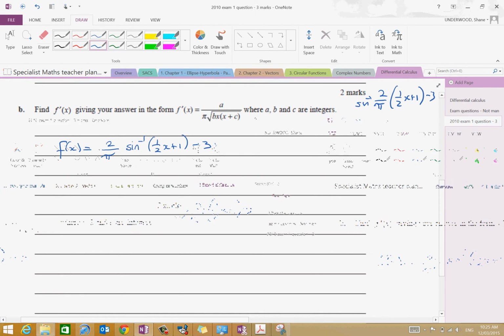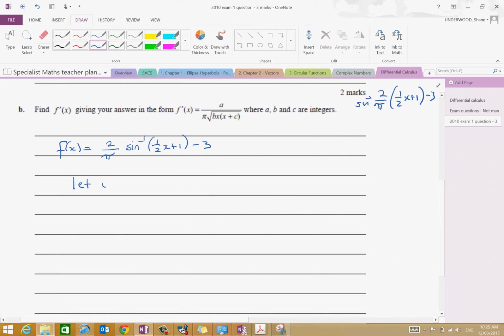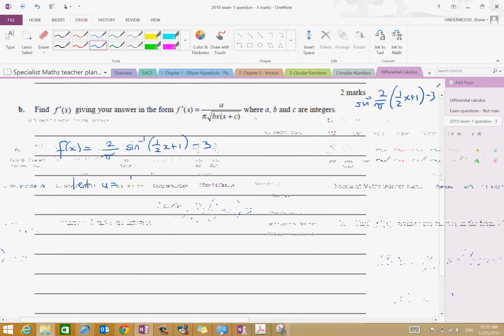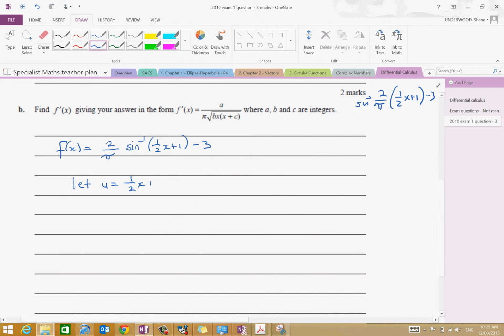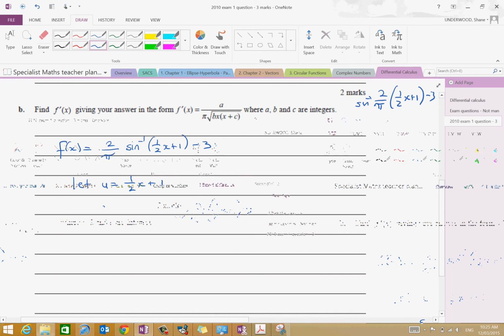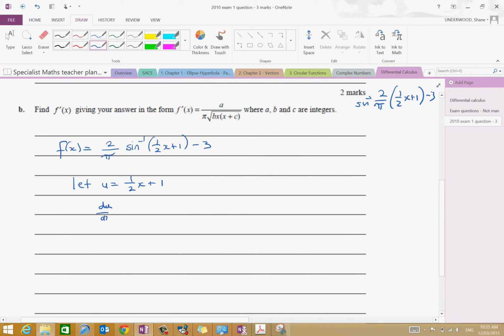What I'm going to do is I'm going to let u... Do this the long way, ladies and gentlemen. Let u equal a half x plus 1. Therefore, du/dx is equal to a half.